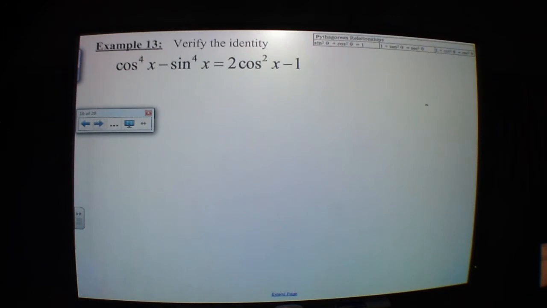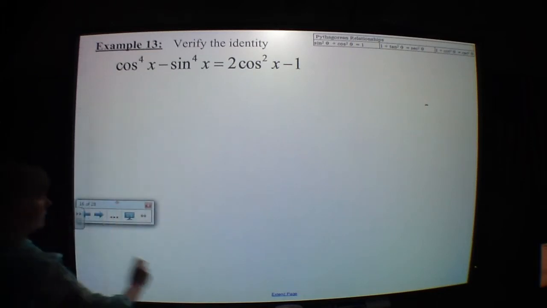The next one, example 13, verify the identity. When I'm looking at both sides, right and left, the only thing I could do for the right side is do a substitution. And then instead of cosine squareds, I'd have sine squareds. And I wouldn't have a cosine and a sine. So let me look at the left side.